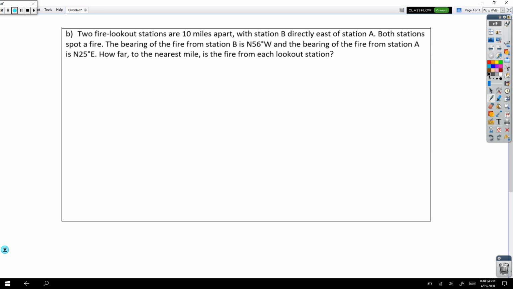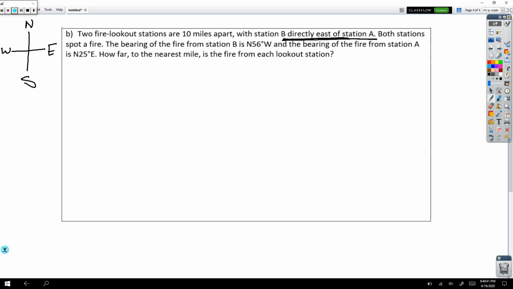Two fire lookout stations are 10 miles apart, with station B directly east of station A. So think about your compass, right? North, south, east, west.